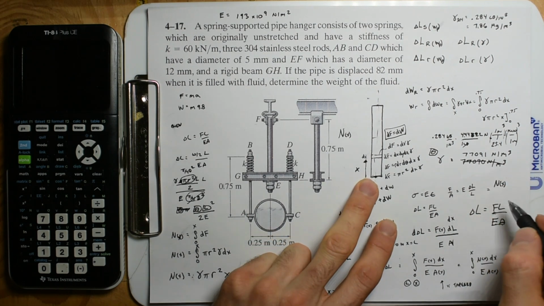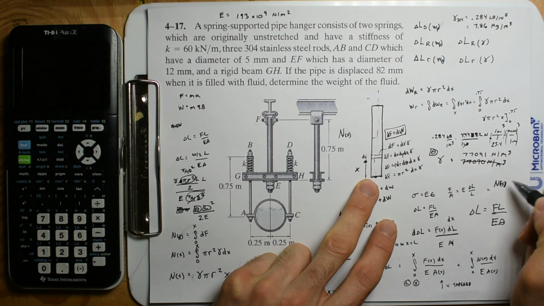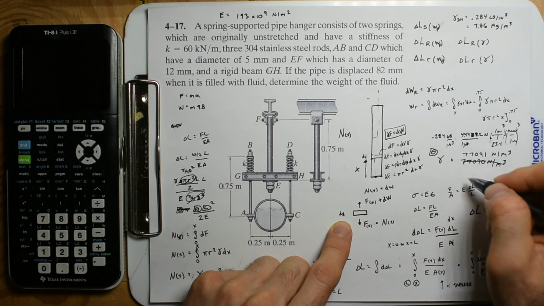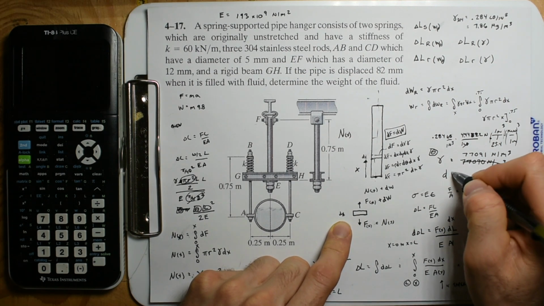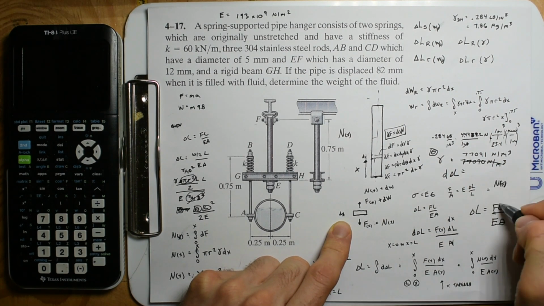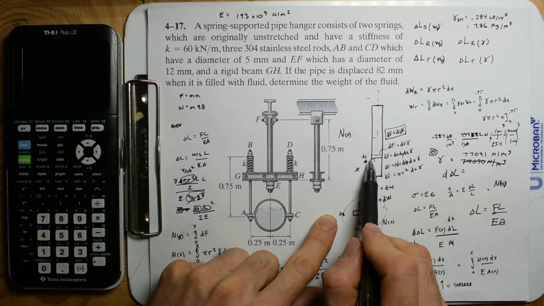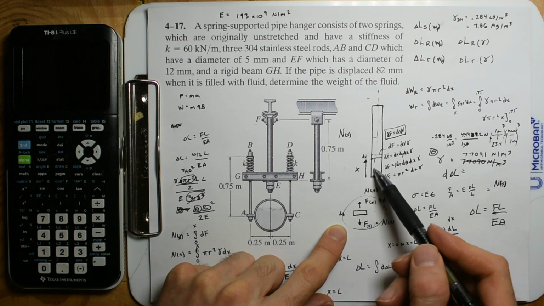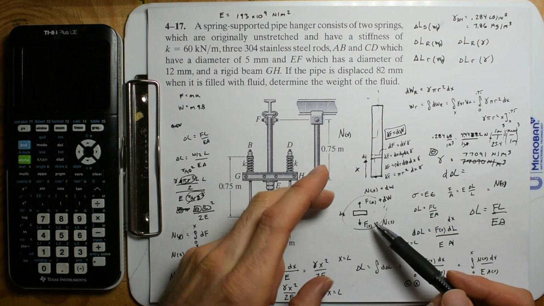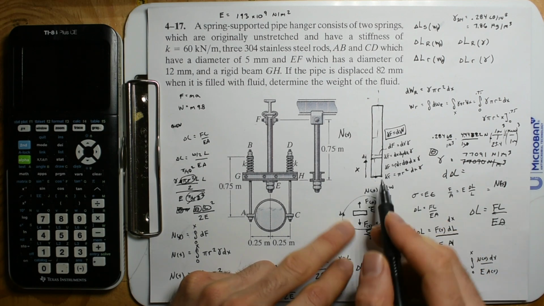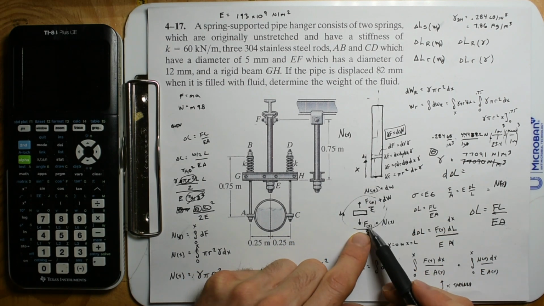So if we're taking some little slice dx, I'm going to say the differential change in length is equal to the force on that. If I choose any dx slice, it's going to be at a distance x away. And so this force is the normal force at that point.